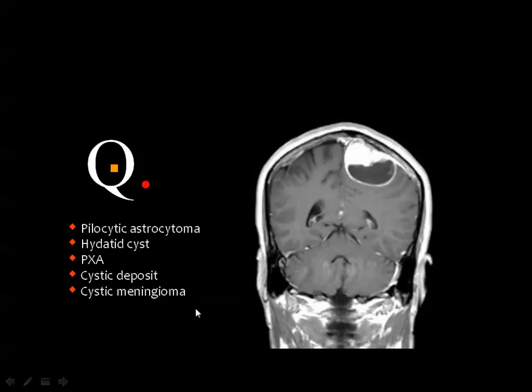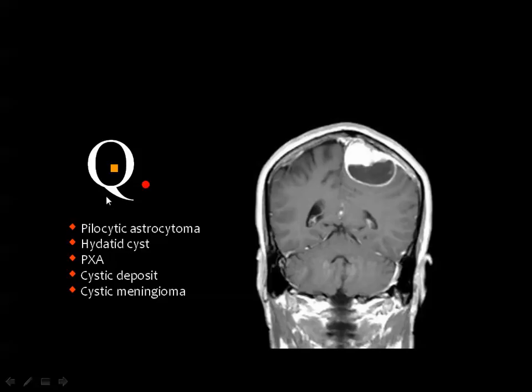MRI of the brain, coronal scan after gadolinium enhancement. There is a lesion in the left side on the surface of the brain, showing a cystic component and an enhancing mural nodule, and the nodule is based to the dura.